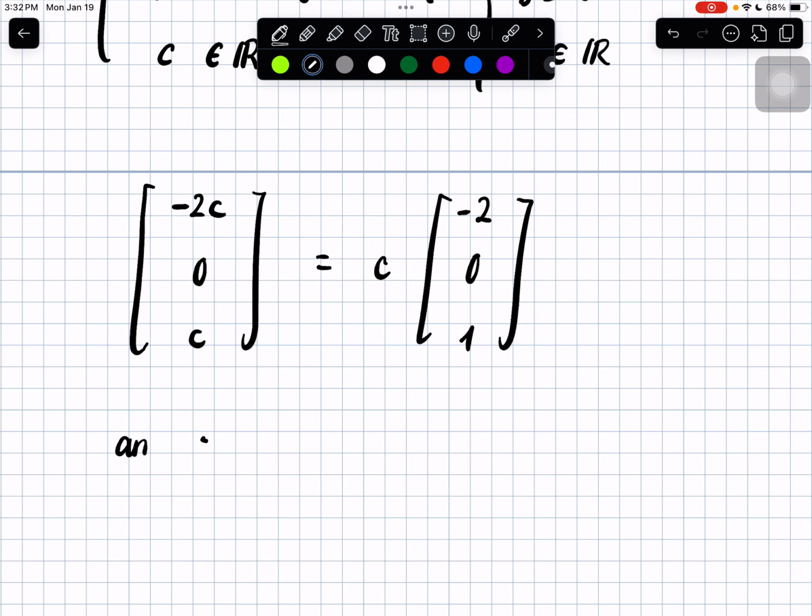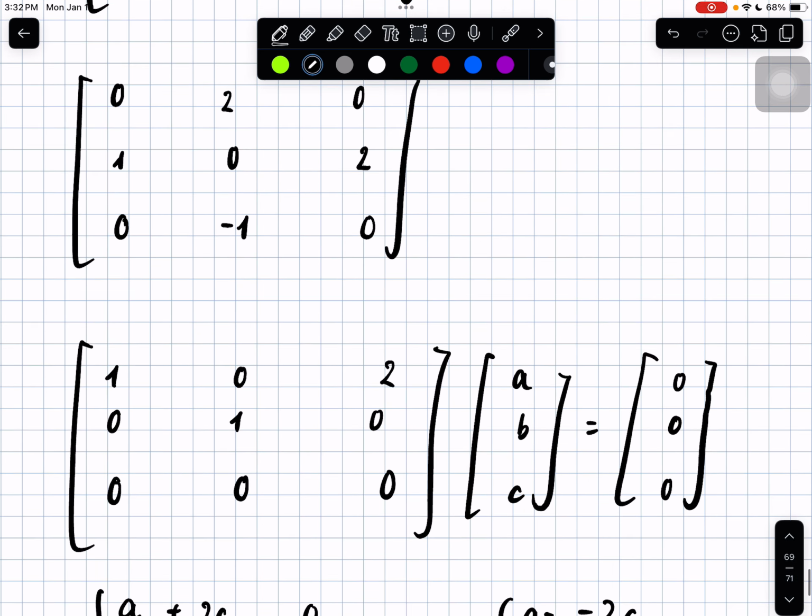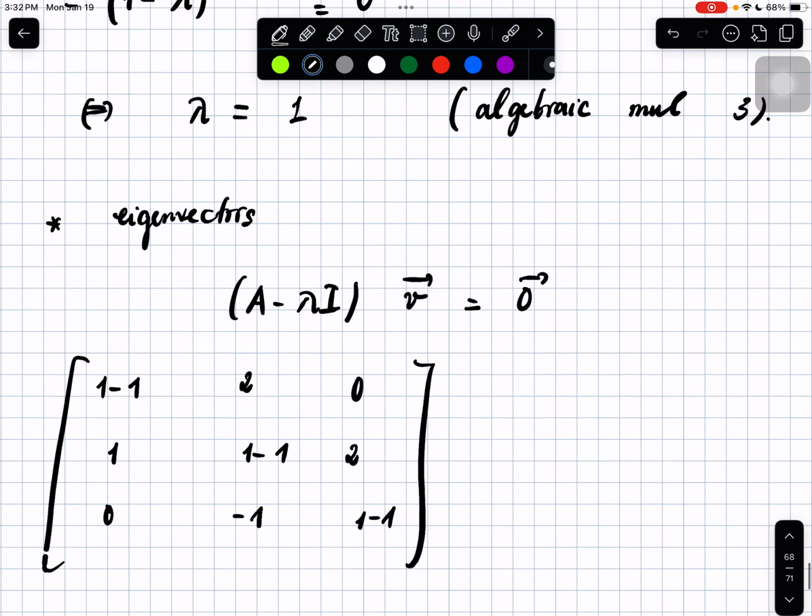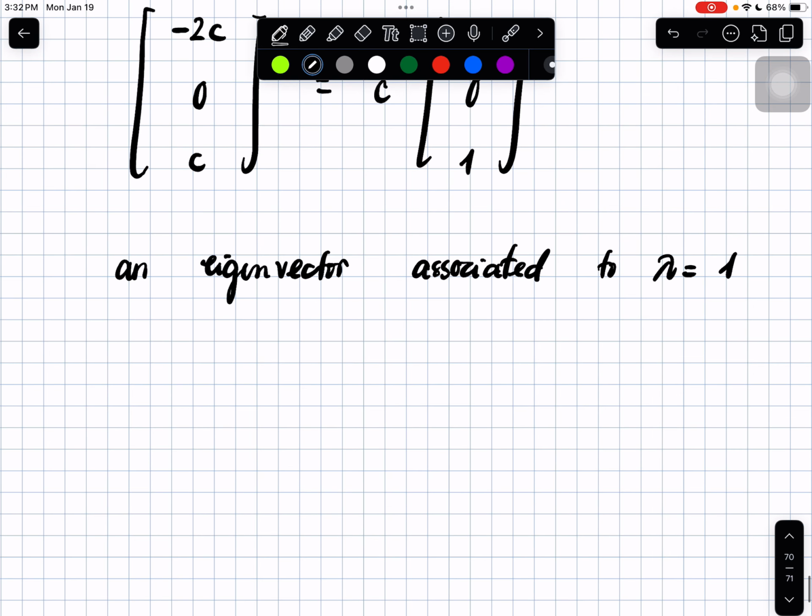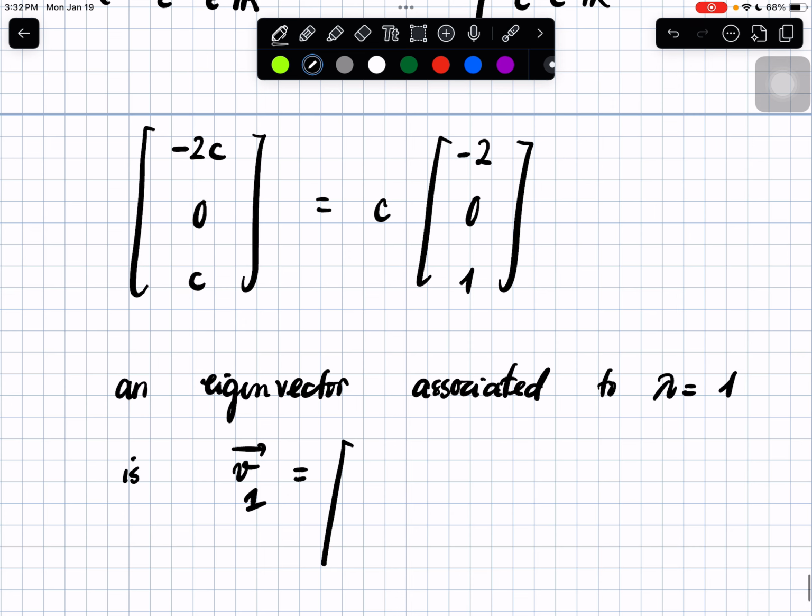So an eigenvector associated to lambda equal to 1, let's call that v1, is (minus 2, 0, 1).